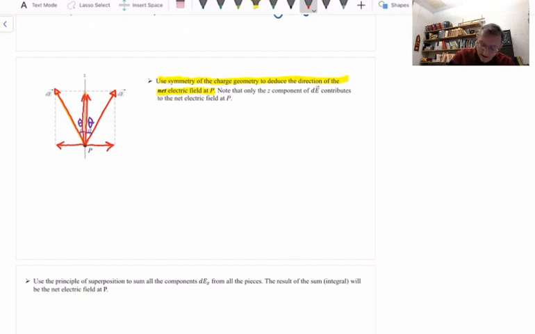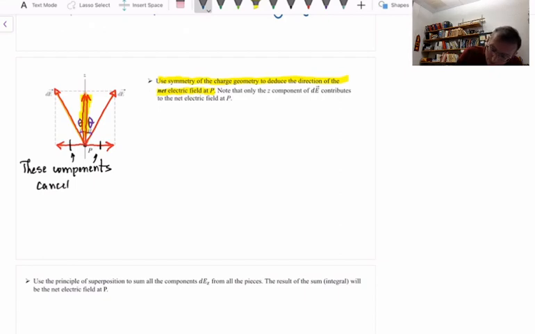And the key point is that the component that's perpendicular to z and that component cancel. These components cancel. Ta-da! Don't worry about them then. It's only these components that survive along the z direction.